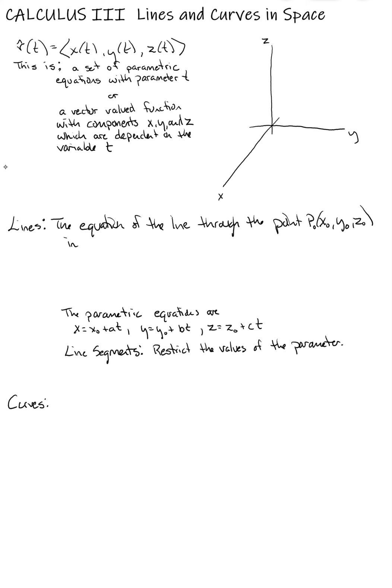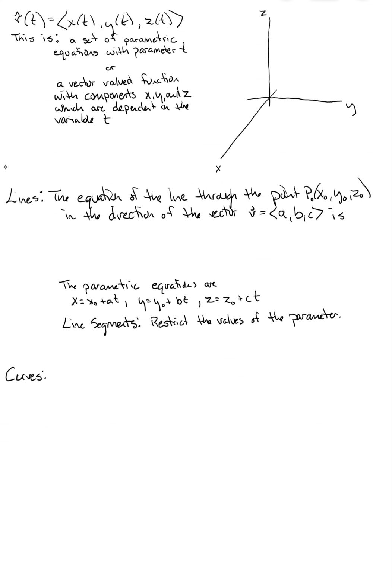But this line is now in the direction of the vector v, which has components A, B, and C. Well, what is that?